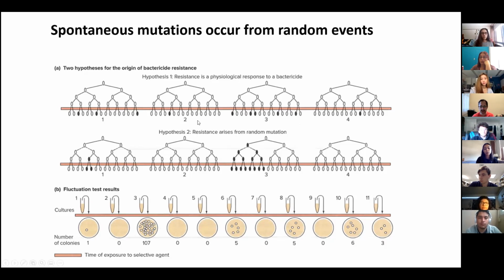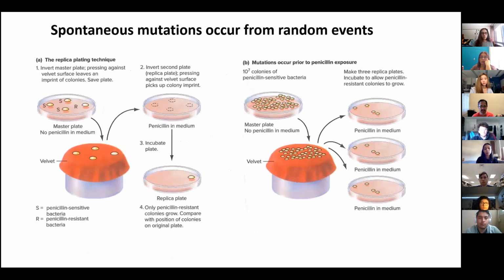And another nice experiment, where they also have some bacteria growing, and among those colonies, there is one that is resistant. You take it like a stamp and stamp it onto another plate, and you put that plate in the presence of the antibiotic. Then you see that the resistant bacteria will grow.